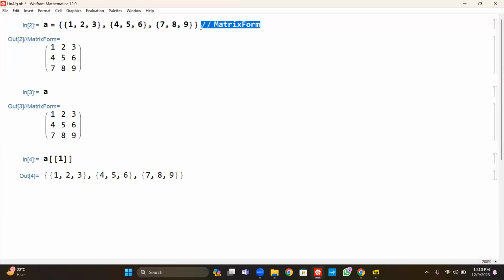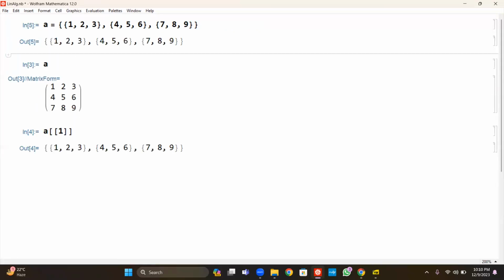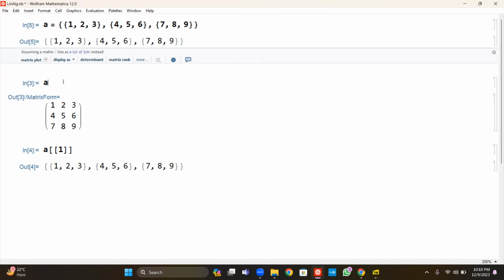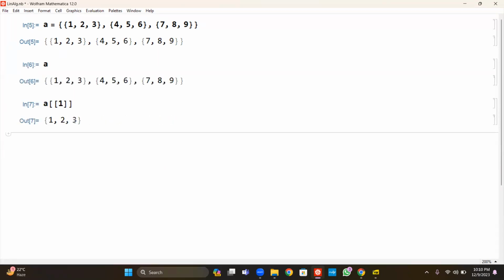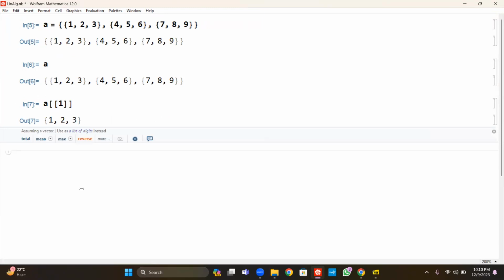That is why I'm removing this line. Now A is just a set of sets. And if I run A[[1]] now, it gives the first element, which is the first row, right? So matrix form is technically for our visual only. To work on the set, we need to keep it in the set of sets format, right?